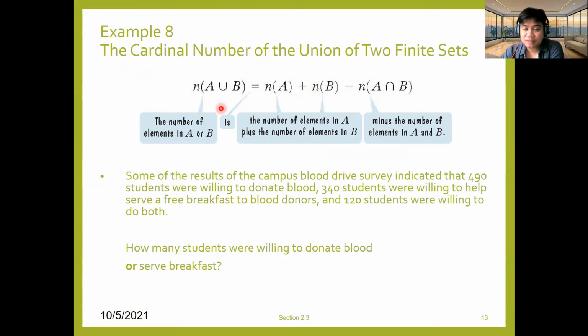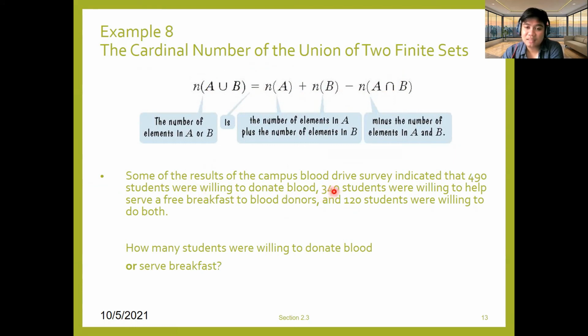So we studied already the cardinality of sets. So pag sinabi natin N of A union B will be the number of elements inside this. So N of A plus N of B minus N of A intersection B.